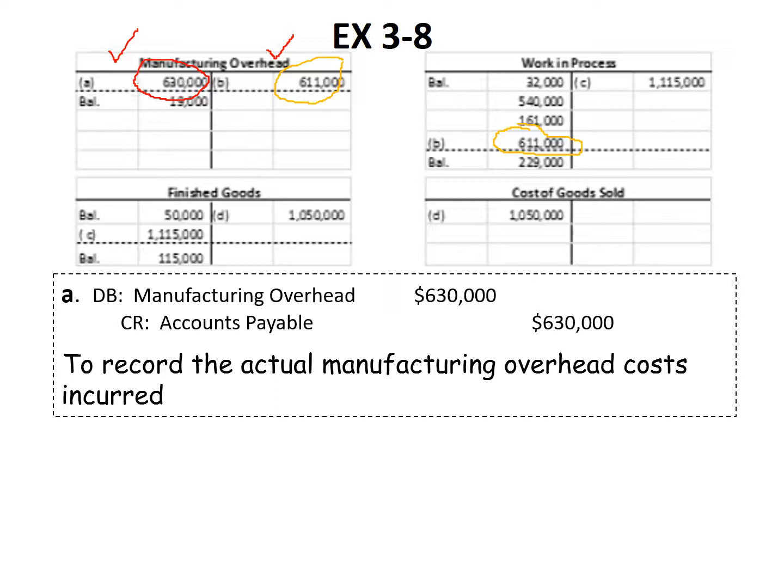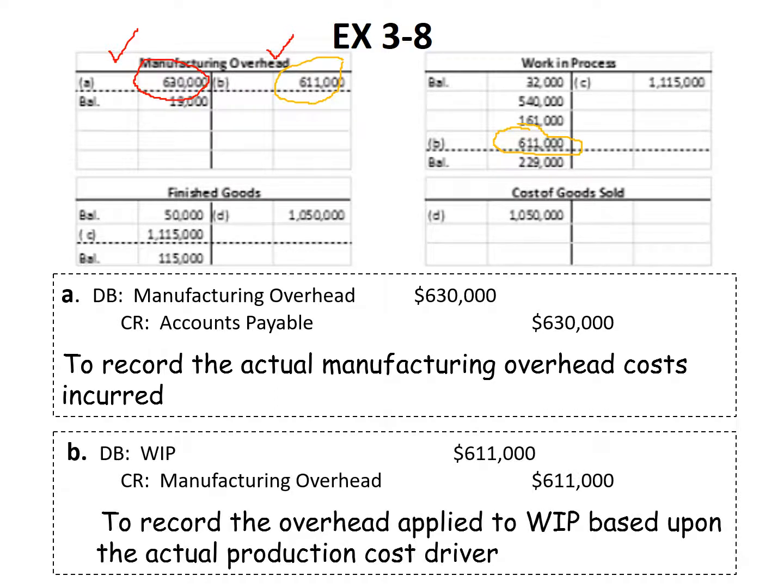So the entire journal entry is debit work in process, $611,000, credit manufacturing overhead, $611,000. The reason for that is to record the overhead that we've applied to work in process based upon our actual production cost driver. Okay, so we're done with that slide.